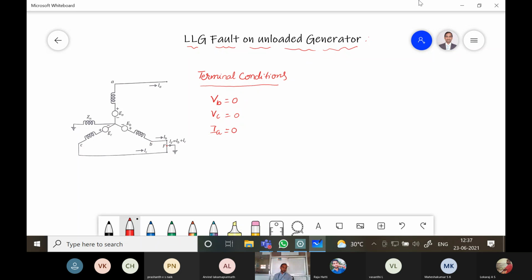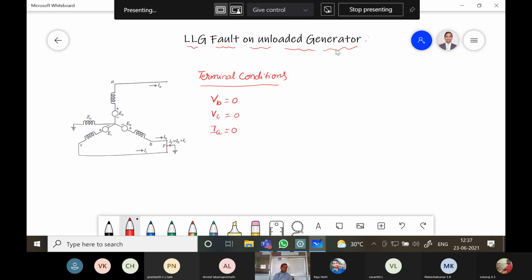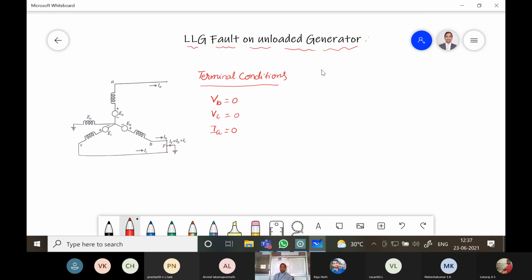Okay, so now we need to write the symmetrical component relations. What are the symmetrical component relations? VA0, VA1 and VA2, IA0, IA1 and IA2. For that, the first one is VA0.